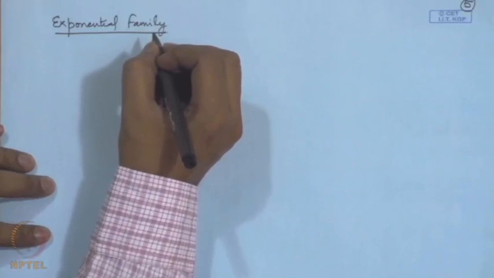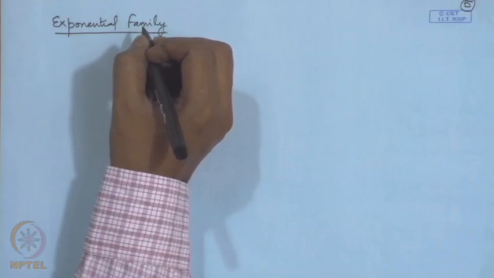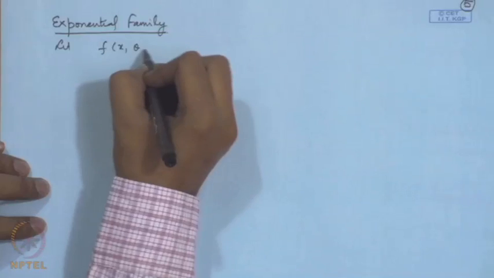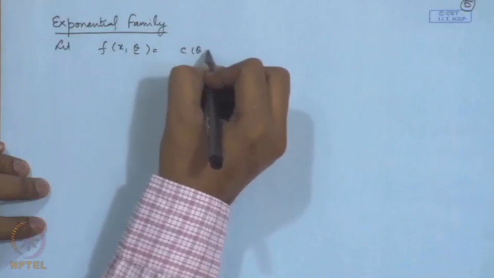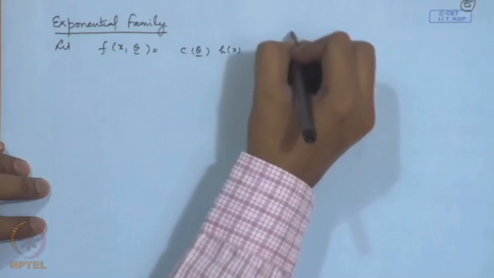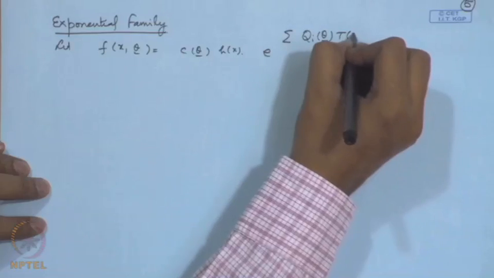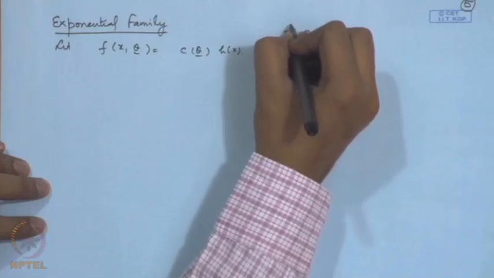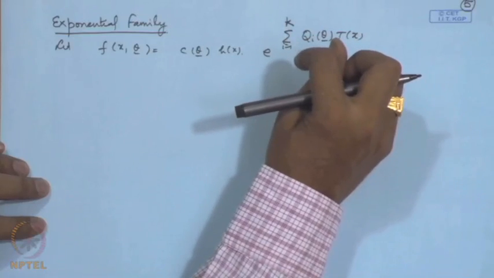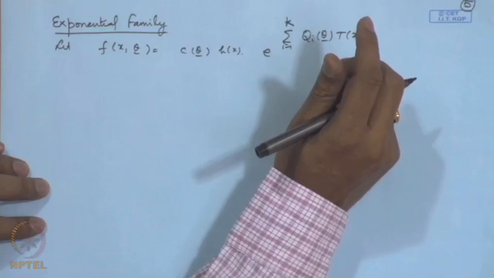If we are considering a k dimensional exponential family, let f x theta be equal to c theta h x e to the power sigma q i theta t i x, i is equal to 1 to k. This is called a k dimensional exponential family, provided the parameter space contains a k dimensional rectangle.